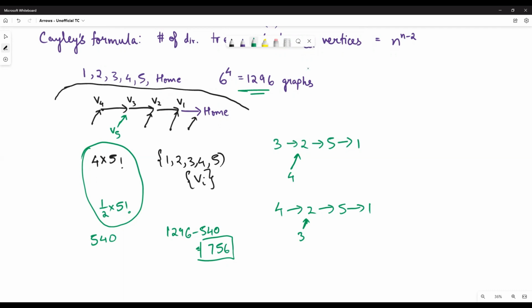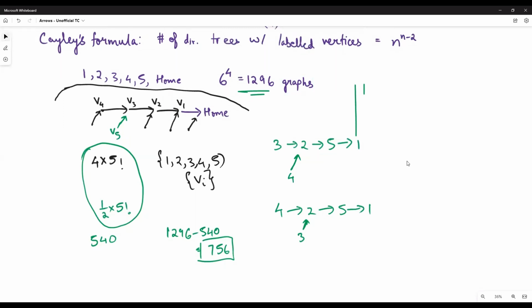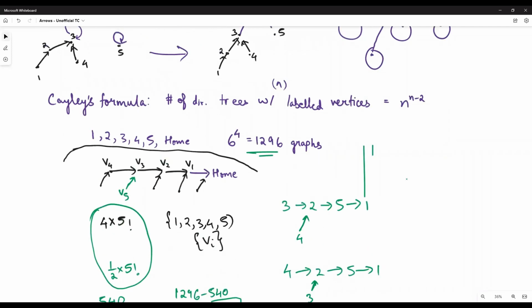And the thing about the Cayley graphs, what I was missing was the number of rooted directed trees. That's the keyword because the home is the root here. All right.